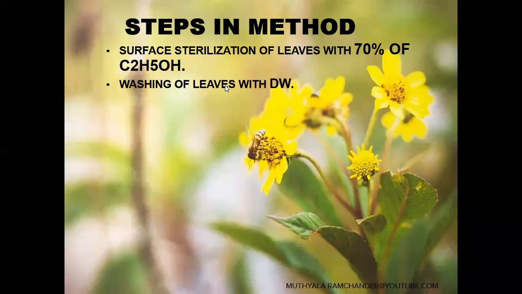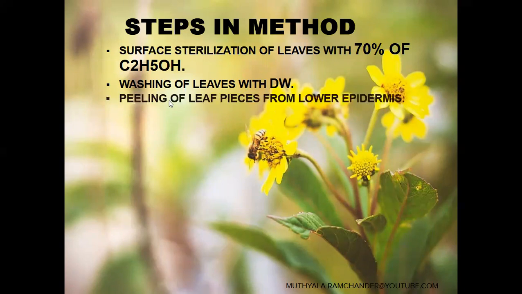Not only leaves, but also root, shoot, meristems, pollen grains and callus are washed with distilled water. Then comes peeling of leaf pieces from the lower epidermis. Here it is leaf pieces; sometimes root pieces and shoot pieces are also collected.